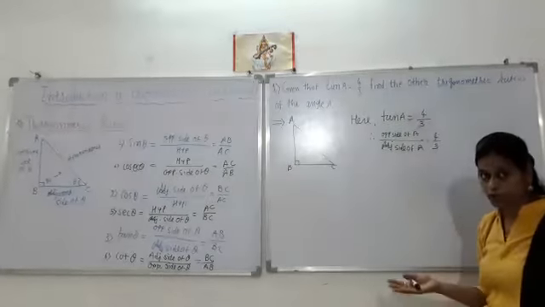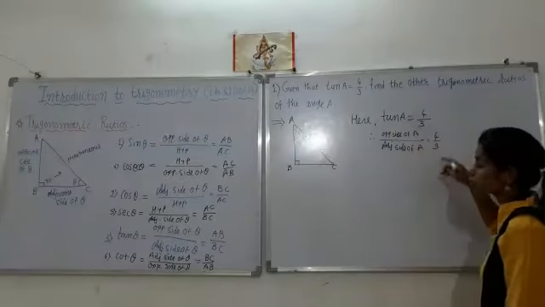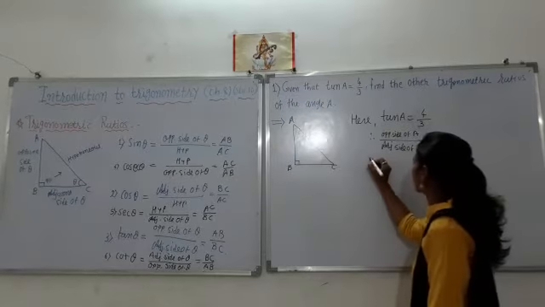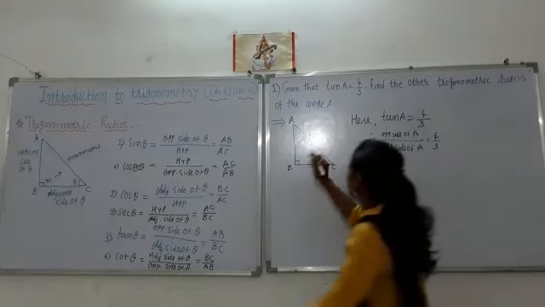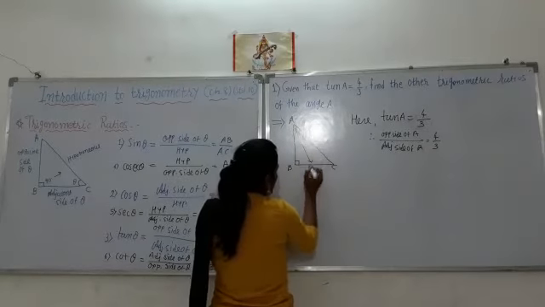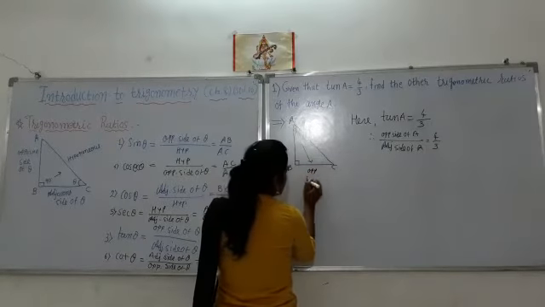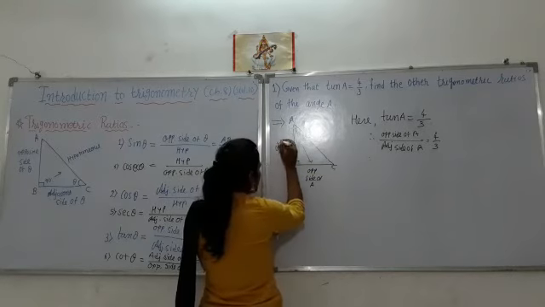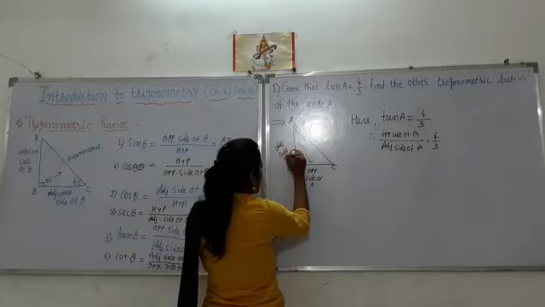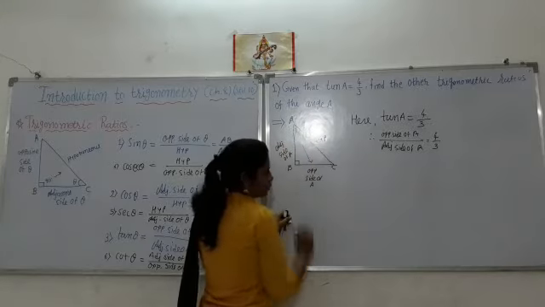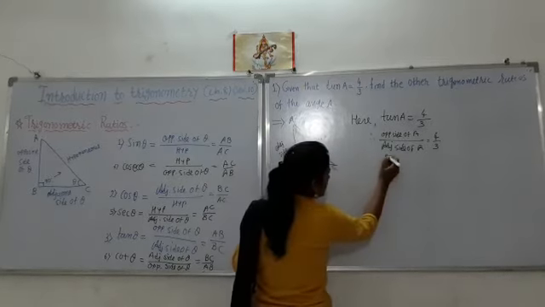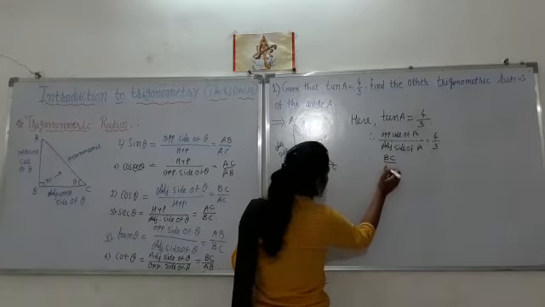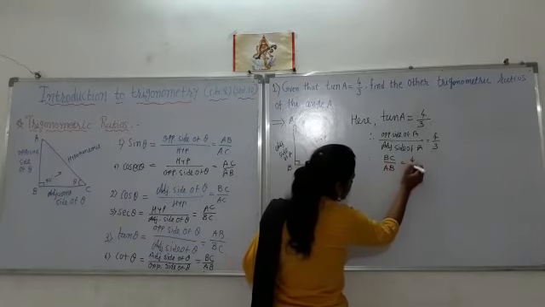If you remove the ratio, then put some constant. What is the opposite side of A? This is called the opposite side of A, this is the adjacent side of A, and this is the hypotenuse. So in this figure BC upon AB is equal to 4 by 3.